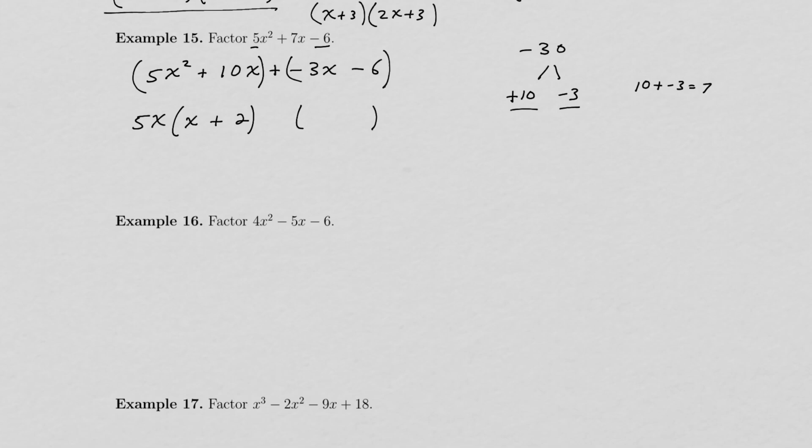Yeah, if I pull out a negative 3, I'm left with x. And a negative 3 times what gives me negative 6? Positive 2. That's exactly what I wanted, right? Remember, I want these to match here. So now, since they match, I can factor them out front. And I'm left with 5x minus 3. So that would be the correct factorization.